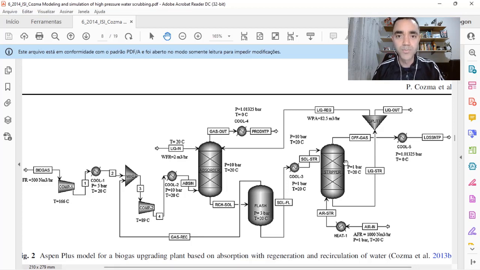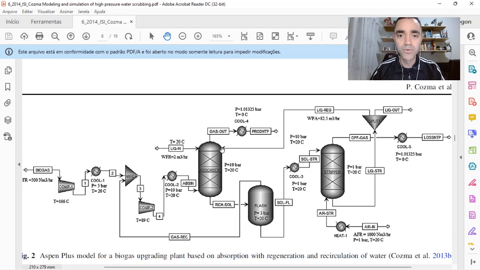So at this point, what must be added to the process simulation is a pump at the bottom of the stripper, because the pump will be responsible for taking the liquid at 1 bar, increasing the pressure to at least 10 bar, and with that being able to recycle the fluid.